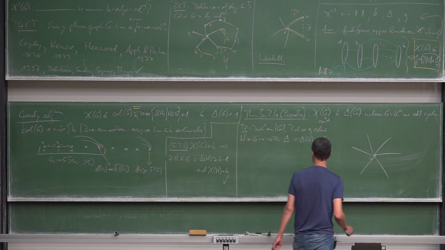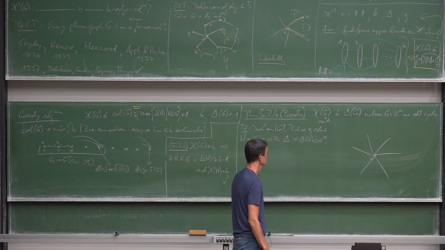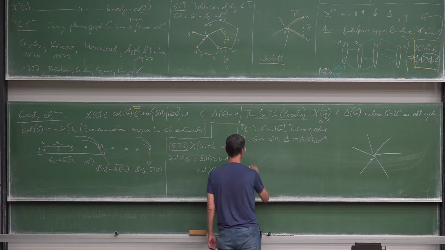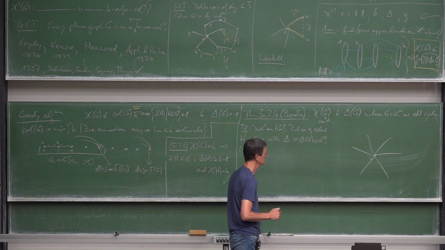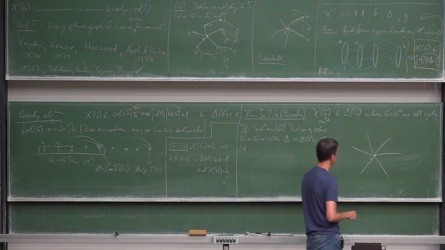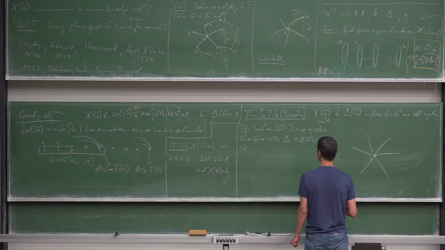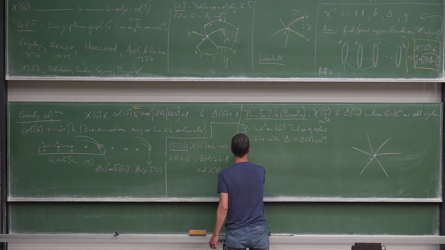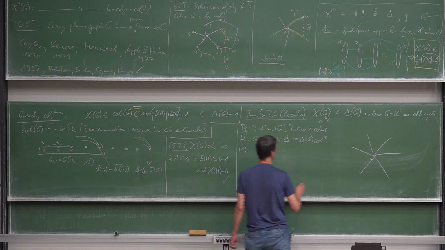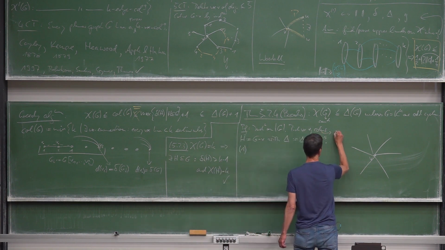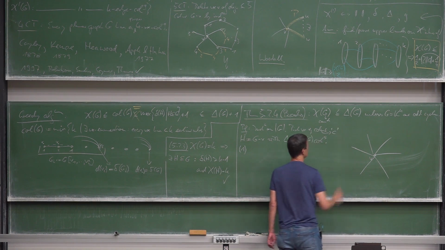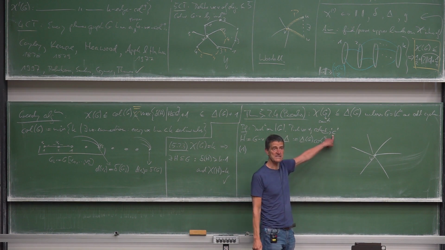Let's make some observations. First observation is the coloring that I'm going to use is now going to be called C, but it's important that C is any coloring.